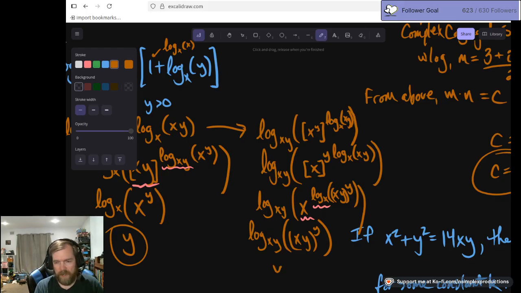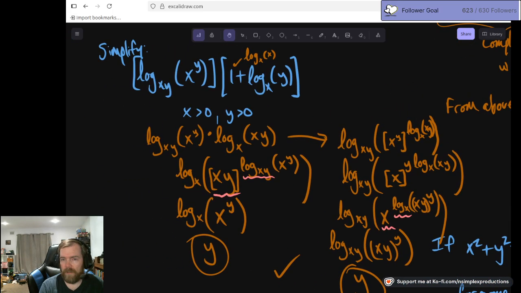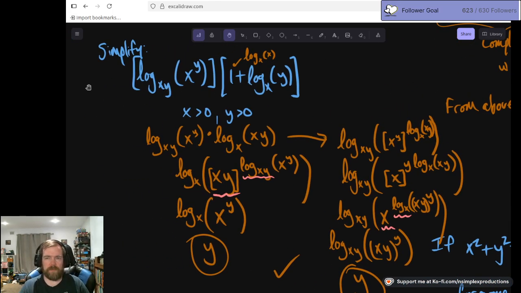Therefore, it is y. So either argument you want to use, they're both valid. If you want to simplify all this stuff, turn one of them into the other one's exponent. It almost never works out this nicely, but this was one that somebody manufactured in order to drop out in just the right way.